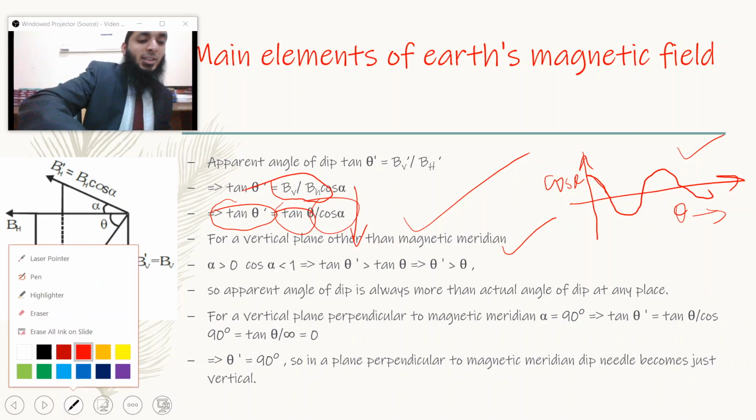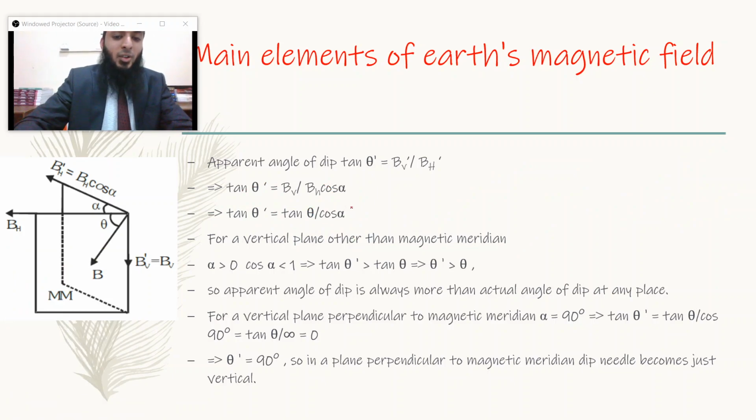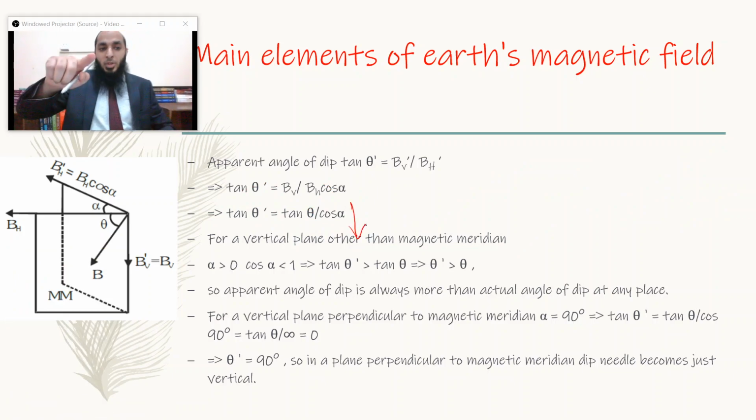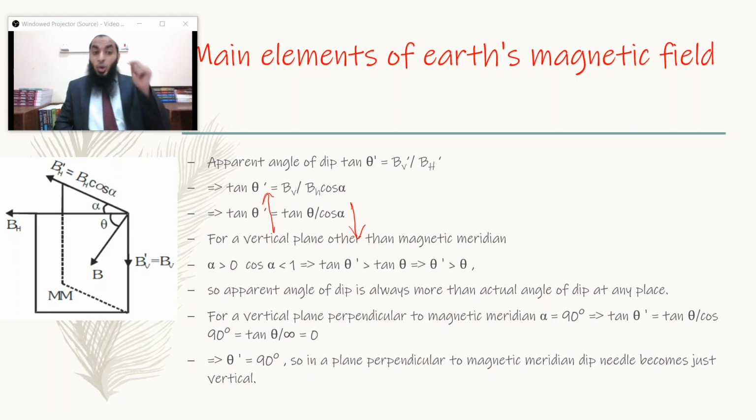In this case, the cos alpha value is decreasing. We saw from the graph that it is decreasing. So the value will increase. The denominator decreases, so the value increases, just as 1 by 2 is greater than 1 by 4 because the denominator decreased. So if the tan theta value is increasing, that means the theta value is also increasing.